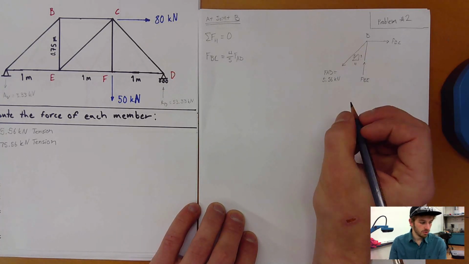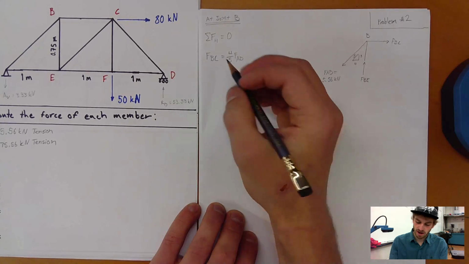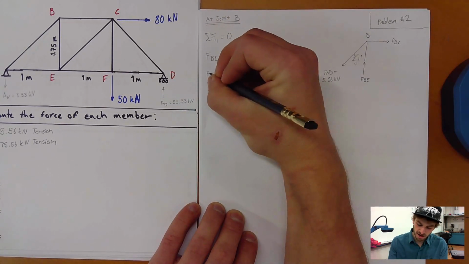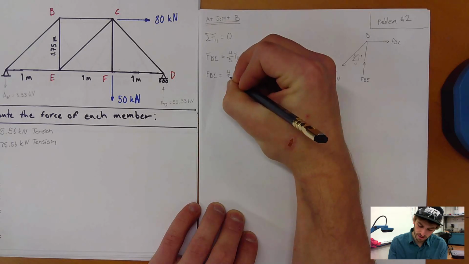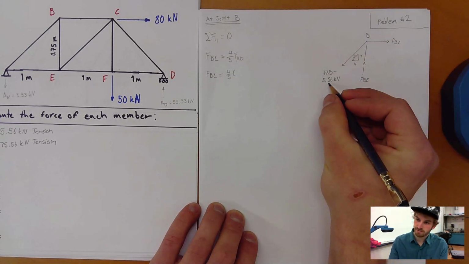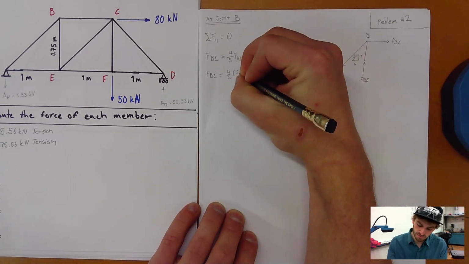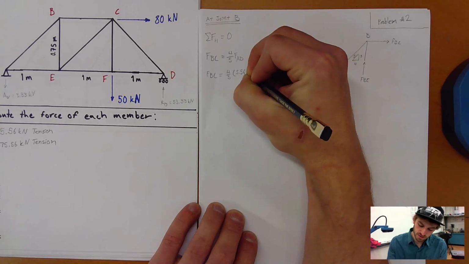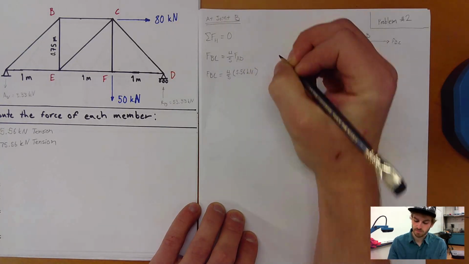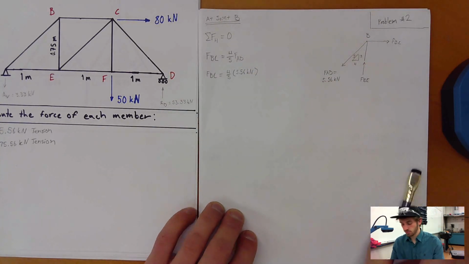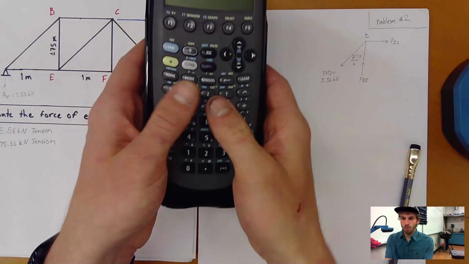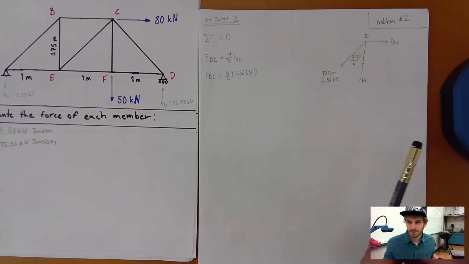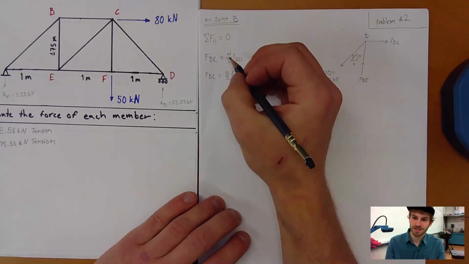If we do a substitution for FAB, because we know that already, we've got FBC is equal to 4/5 multiplied by 5.56 kilonewtons. Okay, and where did my calculator go? We do all the calculations, put that in.